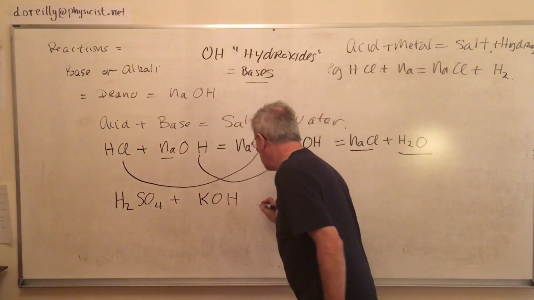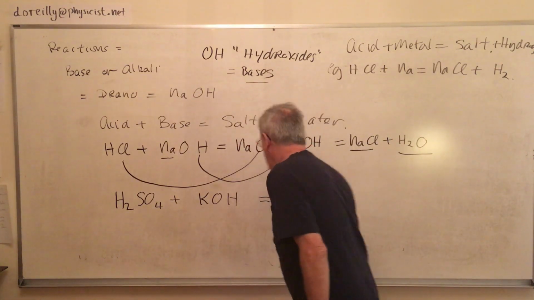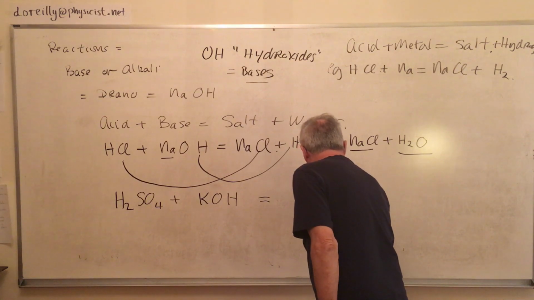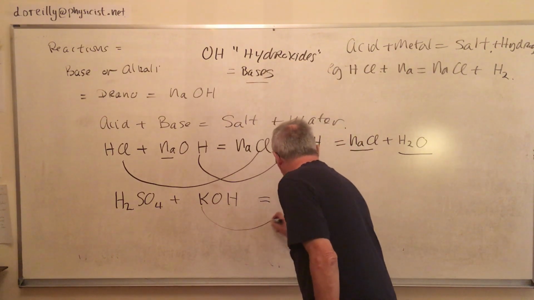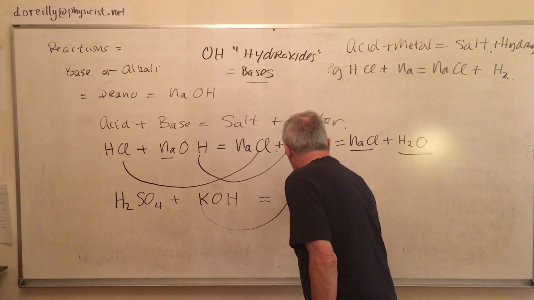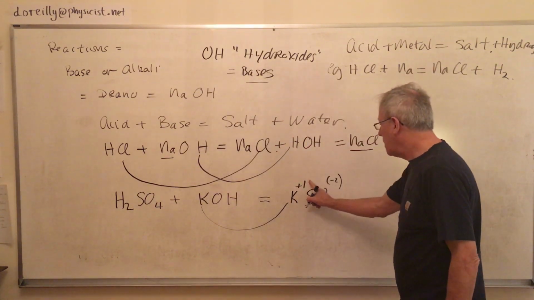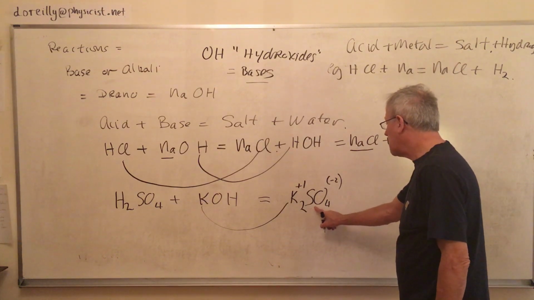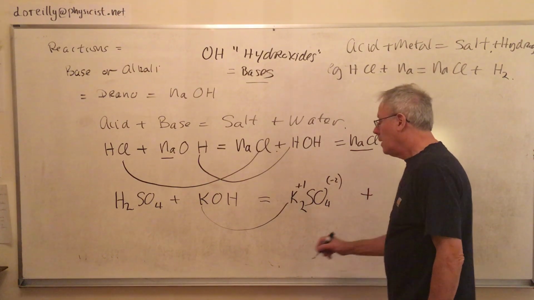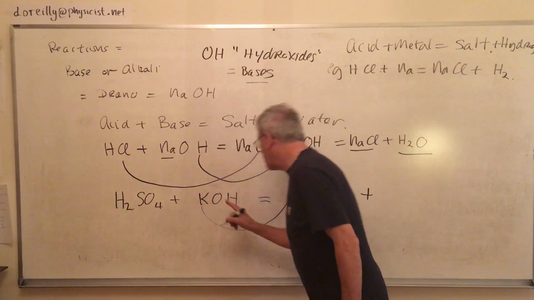Here we go. So we'll take the SO4 radical on its own. Remember, it's -2. And the potassium will go in front of it. Now potassium has +1, so I'm going to need 2 of them in front of this to make potassium sulfate. And the H2 goes in front of this one.